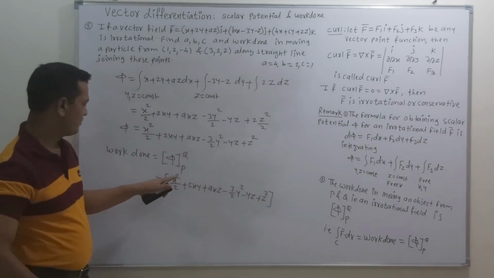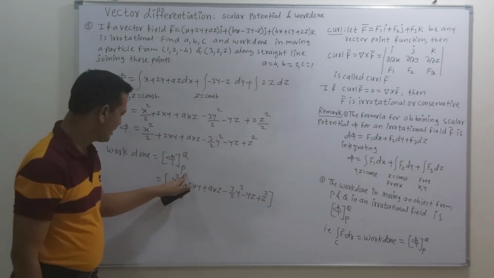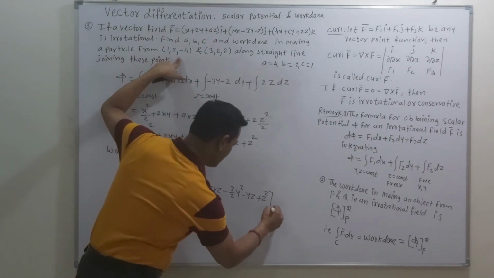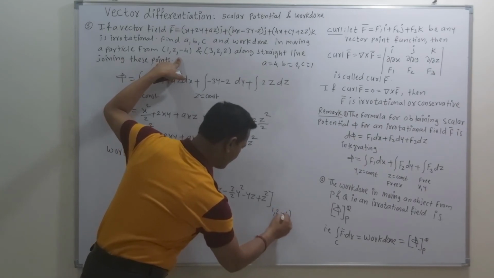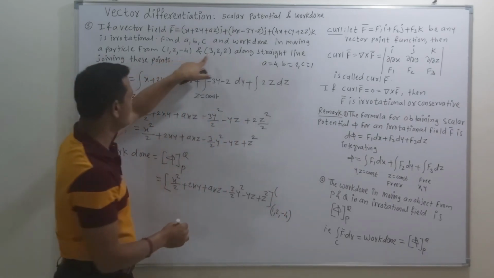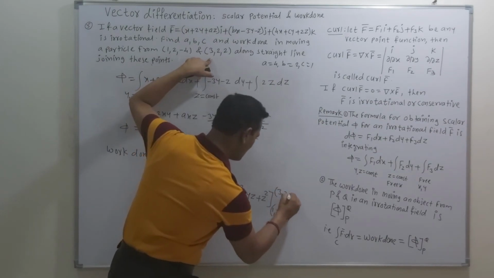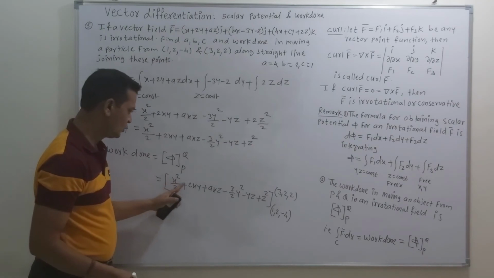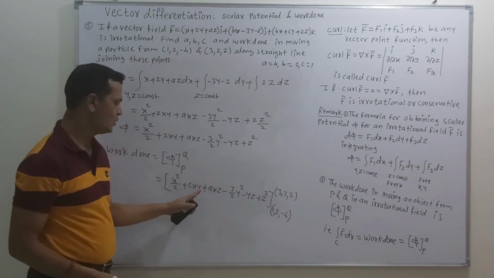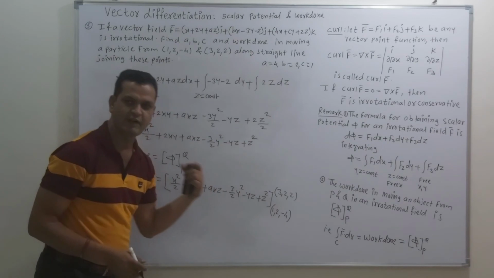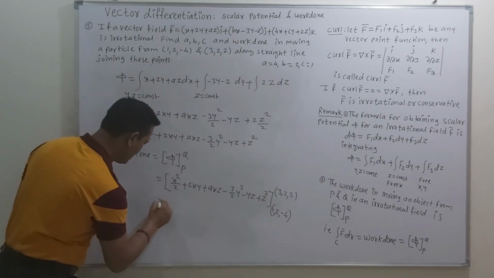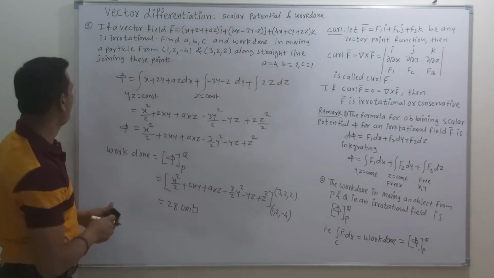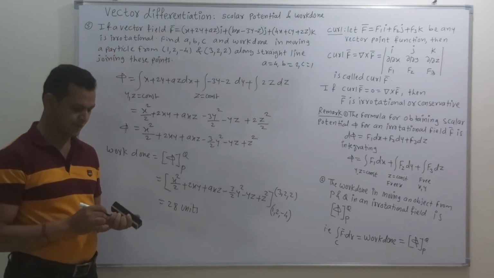The first point is P, which is (1, 2, minus 4), and Q is (3, 2, 2). After putting x equal to 3, y equal to 2 and z equal to 2, we get one value. After putting the values of P, we get another value, and finally we get the answer as 28 units. So friends, this is the fifth and last example of this video lecture.